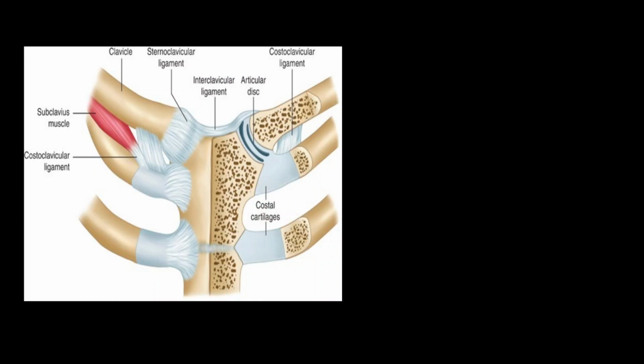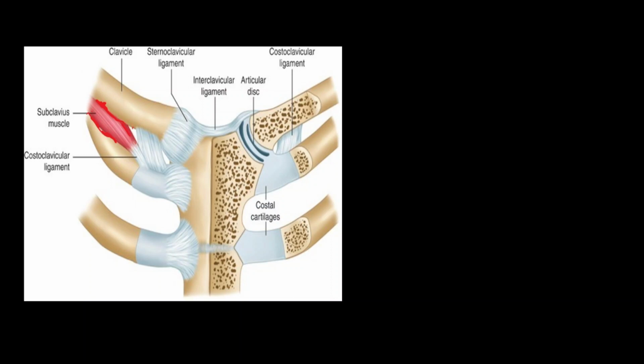Now here we have the subclavius muscle attaching to the groove for the subclavius muscle. So on the inferior surface of the clavicle, we have the groove for the subclavius muscle, and we can see here in this picture how the subclavius muscle attaches to the inferior surface of the clavicle.